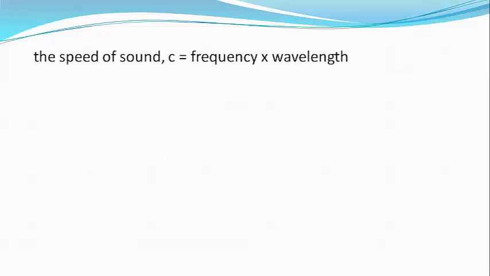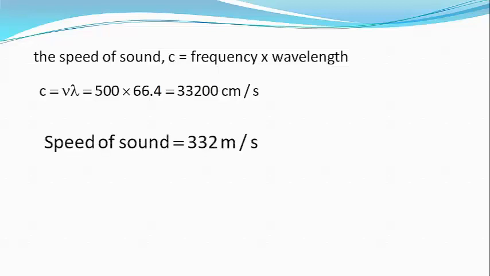We know that the speed of sound, C, equals frequency multiplied by wavelength. Therefore, speed of sound C equals 500 multiplied by 66.4 centimeters, which gives me C equals 332 meters per second. This matches with statement A and hence statement A is also true.